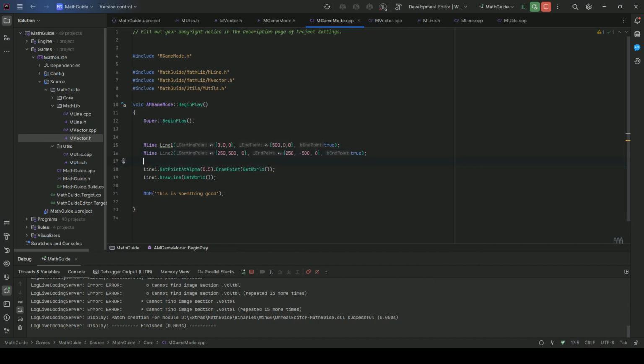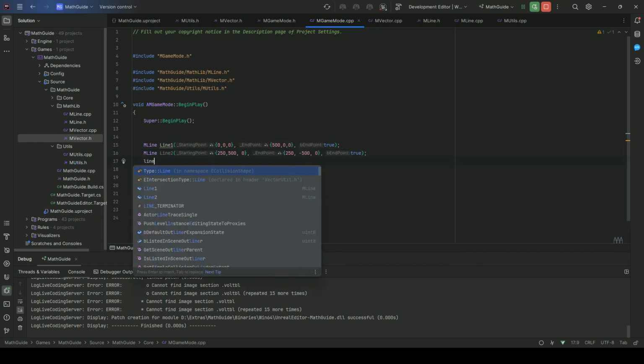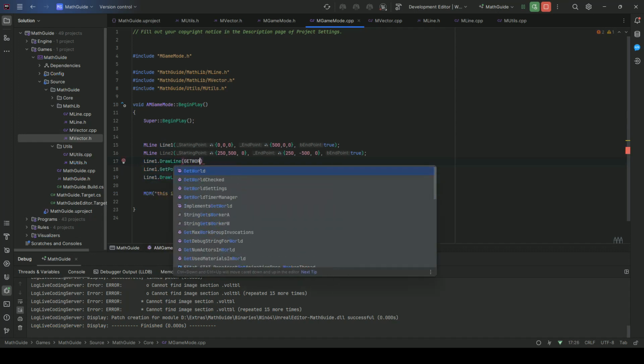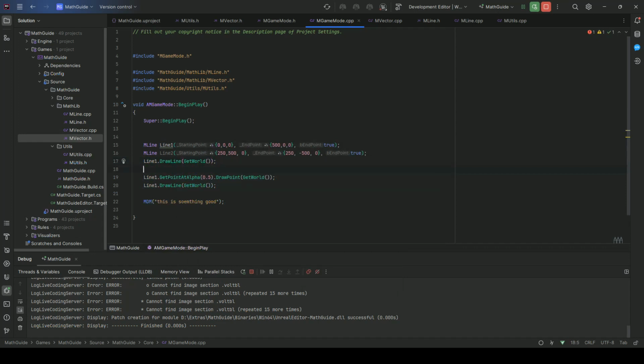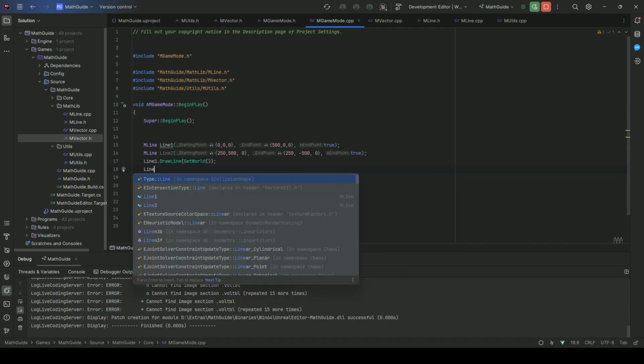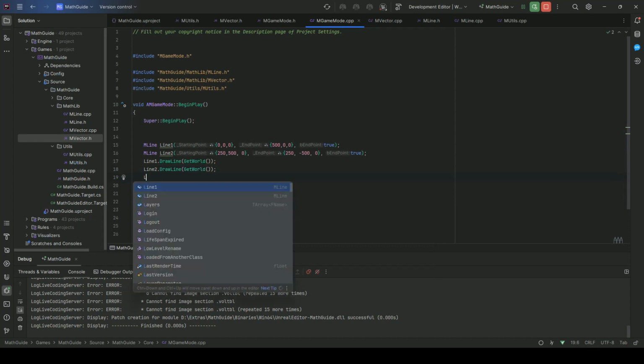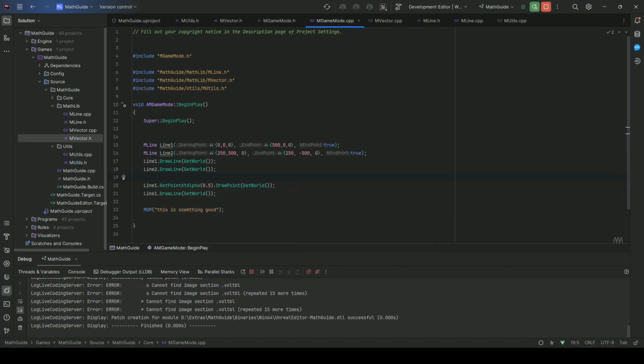And I will draw these two lines. So line 1, draw a line, get world. Yes, line 2, draw line, get world. And next, I want to get the point where they will intersect. So line 1 dot get point while intersecting with line 2.